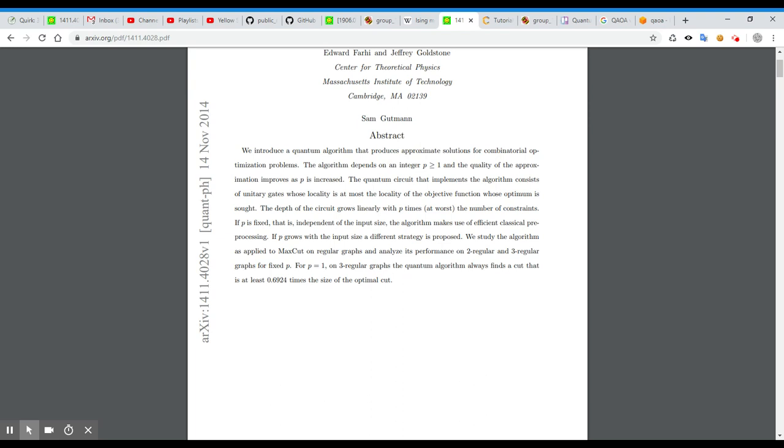If p is fixed, that is independent of the input size, the algorithm makes use of efficient classical pre-processing. If p grows with the input size, different strategies are proposed. We studied the algorithm as applied to max-cut on regular graphs and analyze its performance on 2-regular and 3-regular graphs for fixed p. For example, p equals 1. On 3-regular graphs, the quantum algorithm always finds a cut that is at least 0.69 times the size of the optimal cut.